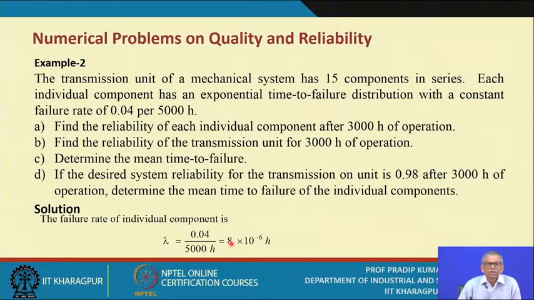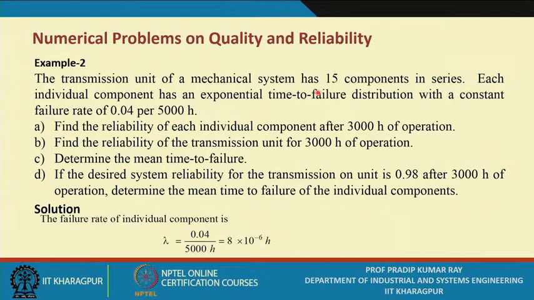Here you will find that even if the individual component reliability is very high, if you deal with a series system, in all likelihood the overall system's reliability will be very, very poor. So how to improve the system's reliability? The first approach is, can you reduce the number of components? This is one typical example I went through.